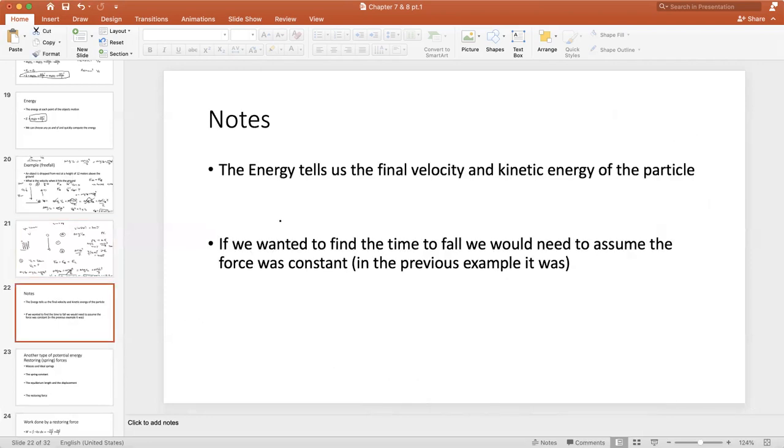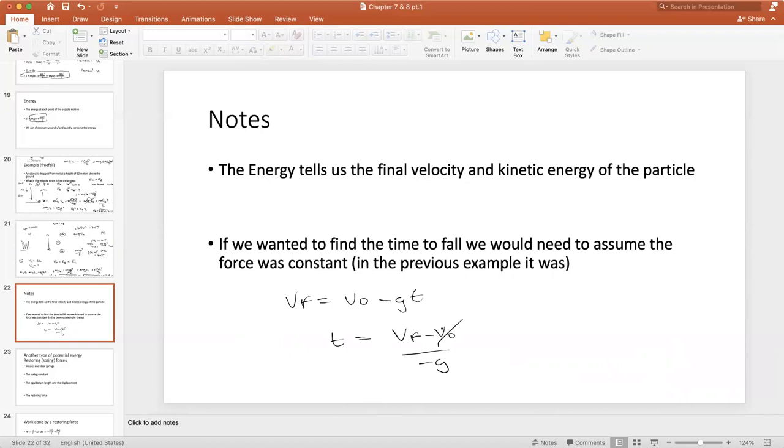So the energy tells us the final velocity and the kinetic energy of the particle. If we wanted the time to fall, we could assume that the force was constant. In the previous example, it was. So we knew, again, V final is equal to V initial minus GT, and we could just compute this. T is V final minus V initial over negative G. This was 0.